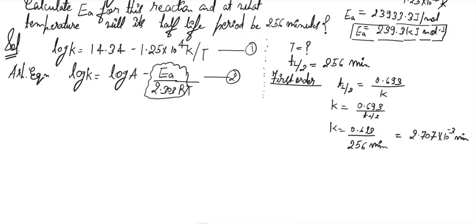If you convert this into second inverse, it will be 4.51 × 10^-5 second inverse. So this is the calculation for K, and we have calculated K.